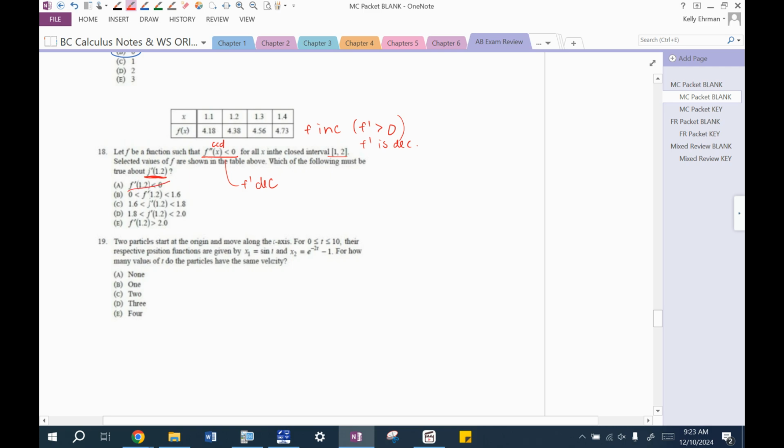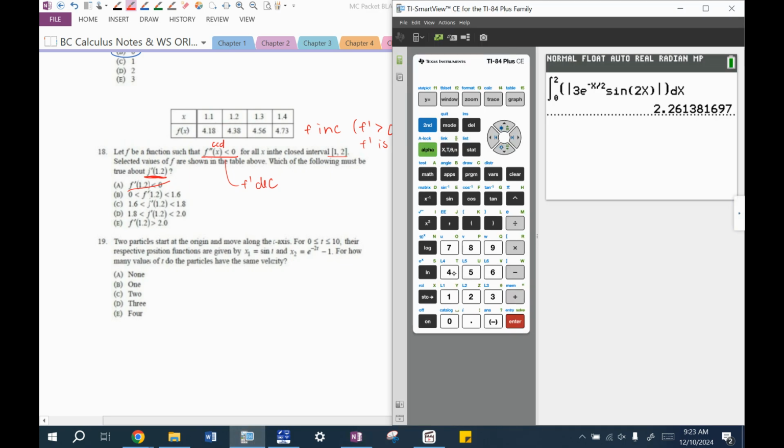That's not right. I just said it's positive. F prime of 1.2 is between 0 and 1.6. So, well, I don't know. Let's see what these average rates of change are. So I'm looking at the average rate of change around 1.2. 4.56 minus 4.18 divided by 1.3 minus 1.1.